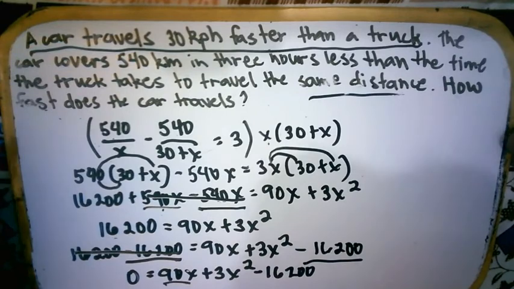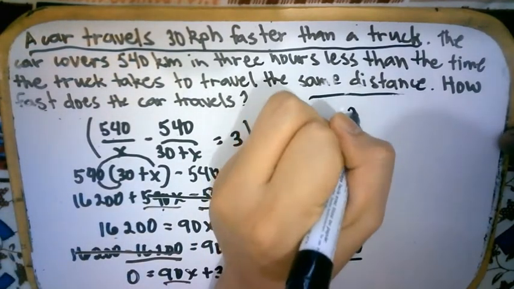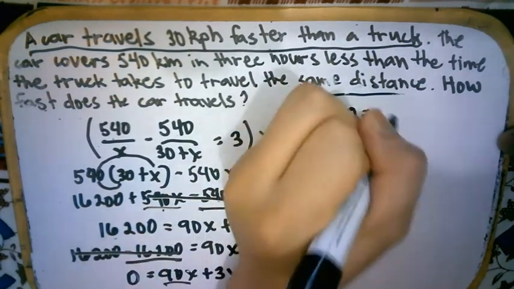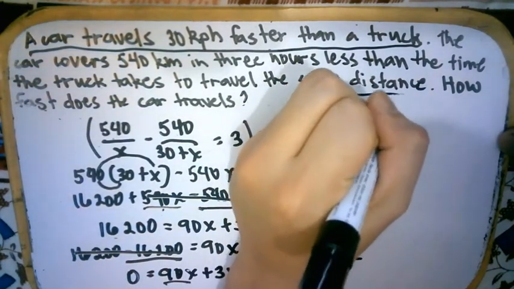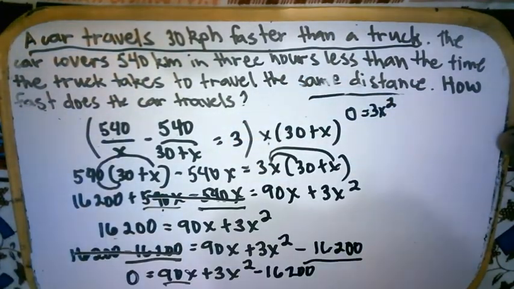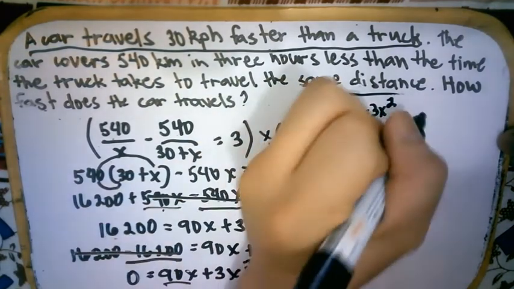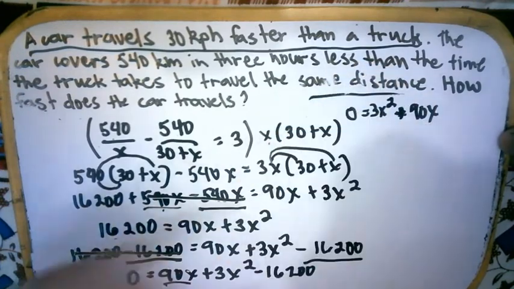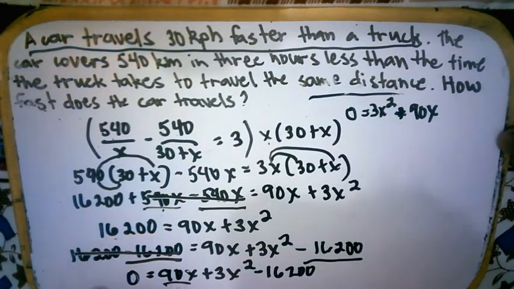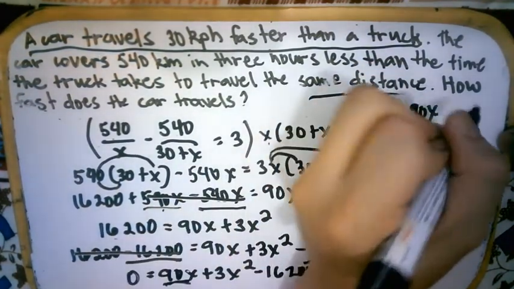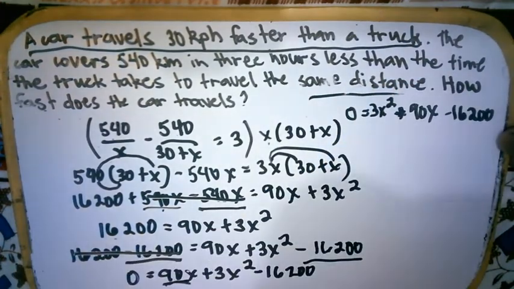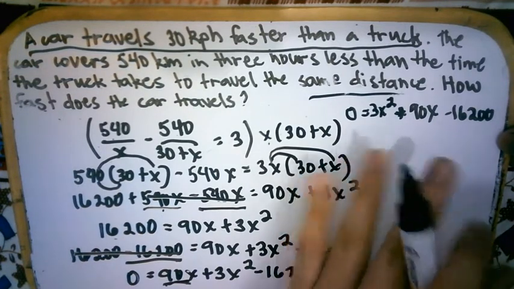So if we are going to arrange that, it will become 0 is equal to 3x squared, since that is our quadratic term, plus 90x for our linear term, minus 16,200. And then magpagbalik ta rin lang natin siya.